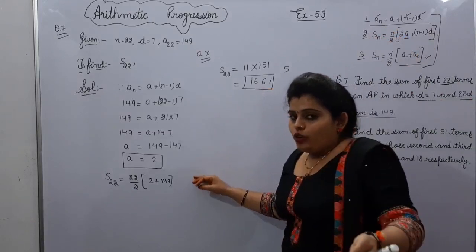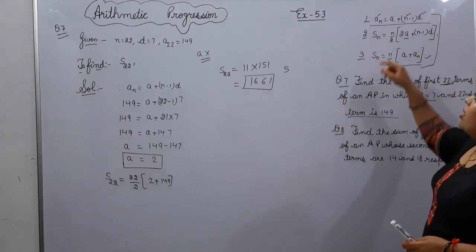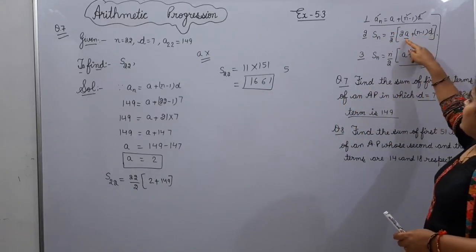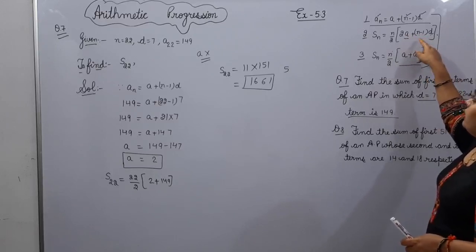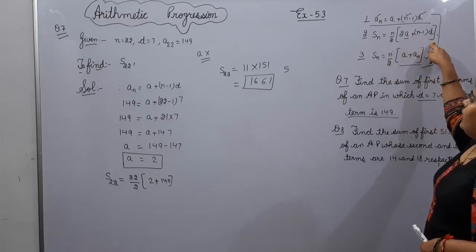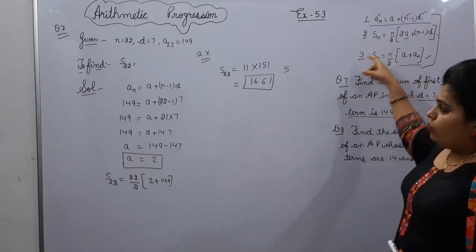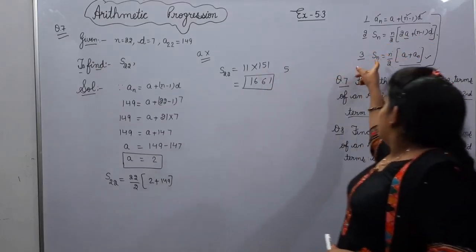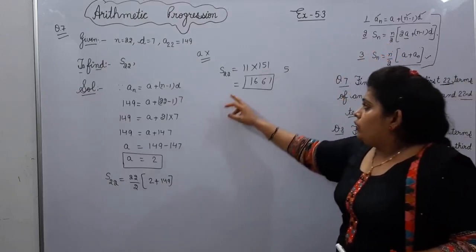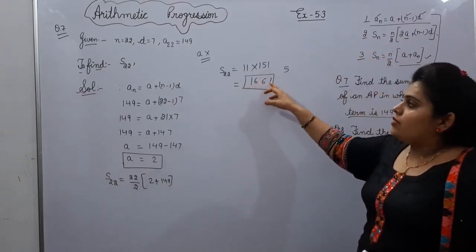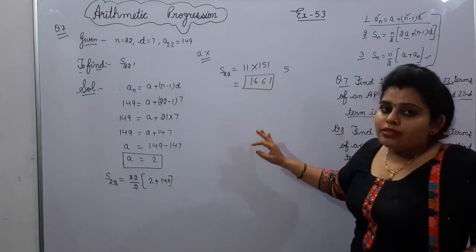After finding a, all values are given: a, n, d. We can choose any of these two formulas and I am choosing the third one. So S22 is 1661. This is our question number 7.